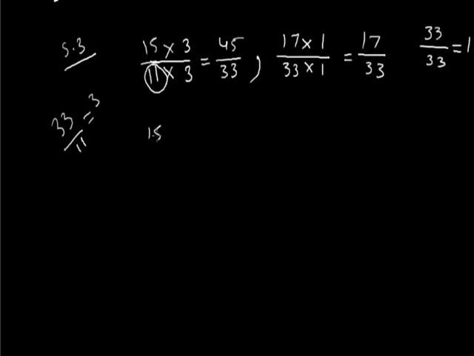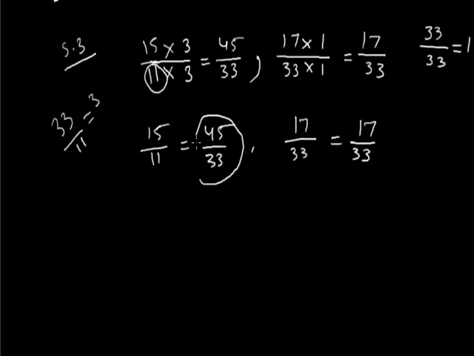Now 15 upon 11 is equal to 45 upon 33, and 17 upon 33 is equal to 17 upon 33. Now these two fractions are comparable because their denominators are the same, which is 33 in this case.